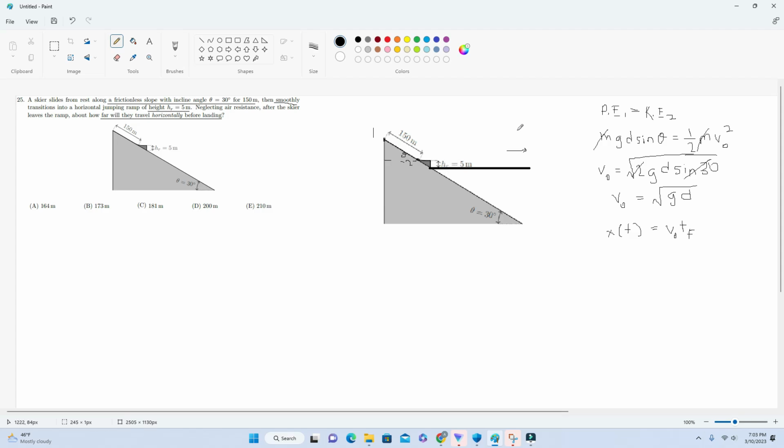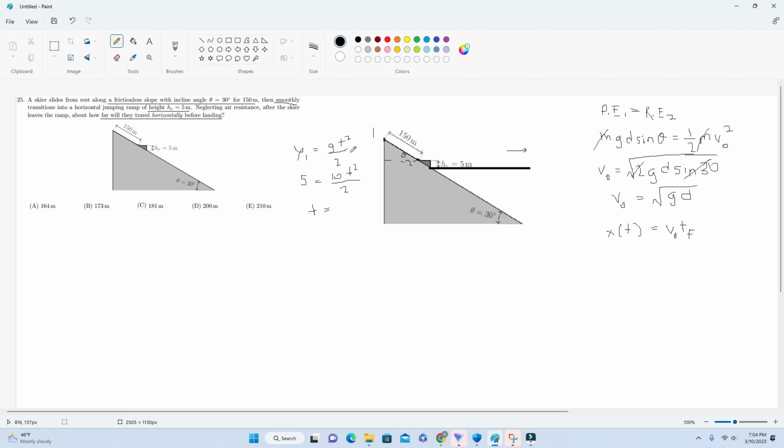We would just set the equation, right? Our y initial would be equal to g t squared by 2. And in this case, right, our y initial would be 5, our g coefficient would be 10, to t squared, and then we would basically just solve that. t would be approximately 1 second.